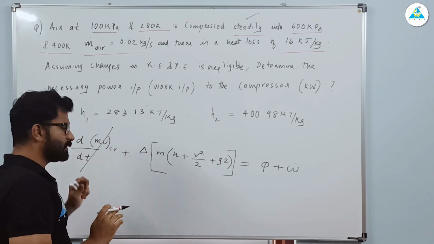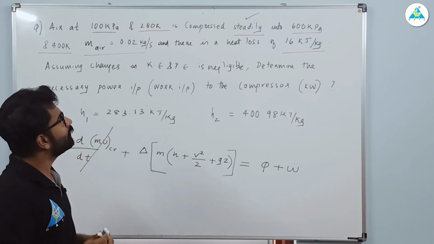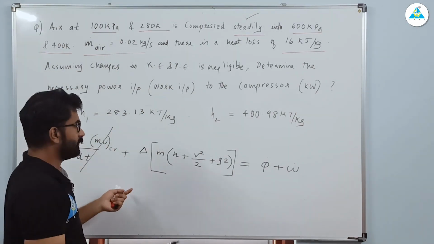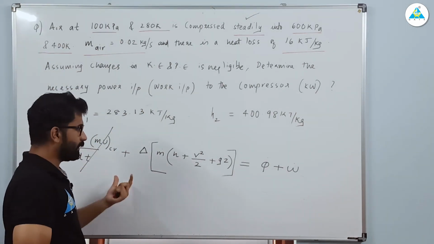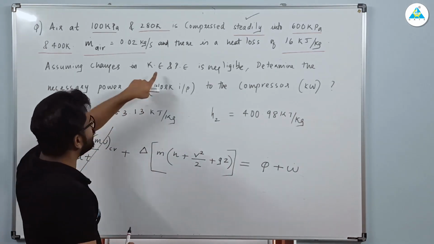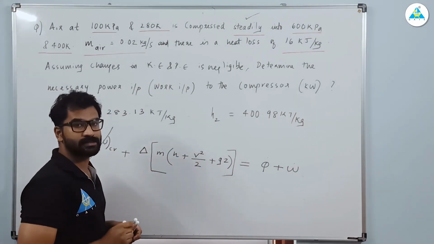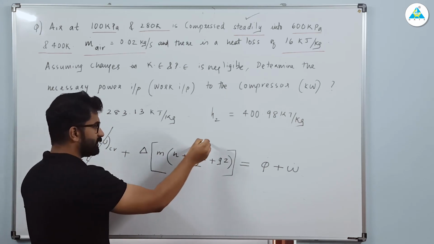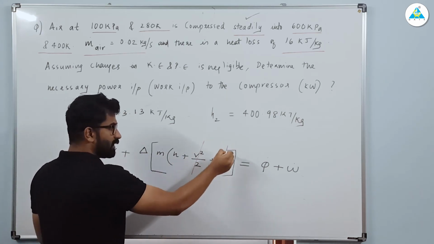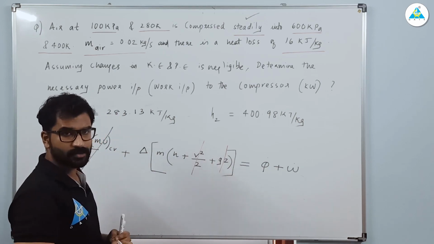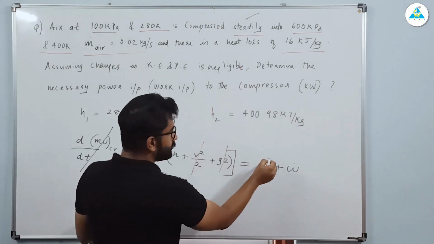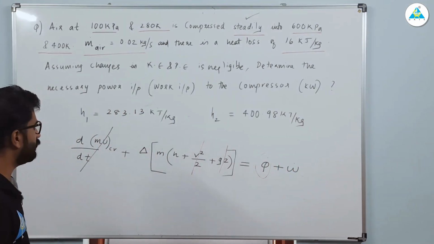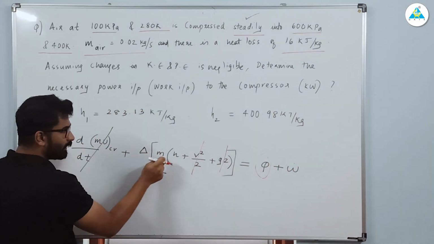Now you have an inlet, you have an outlet, so del will stay. Outlet minus inlet will be there. लेकिन kinetic energy change and potential energy change is negligible. So दोनों cancel कर सकते हैं ना, simple. Kinetic energy change V square by 2, potential energy change g z, दोनों cancel कर सकते हैं. And heat loss दिया है आपको, work आपको calculate करना है. So write the remaining equation. It is outlet minus inlet, okay?